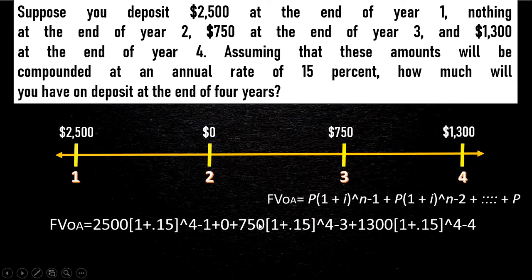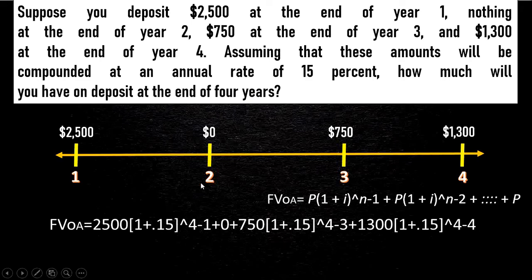Okay, but n minus 2 is gone here. So in the third year you have to deduct 3 from n. So 750 deposited in year 3 multiplied by 1 plus 0.15 to the power n minus 3, so 4 minus 3, plus 1,300 deposited in year 4 multiplied by 1 plus I, which is 15%, to the power 4 minus 4.